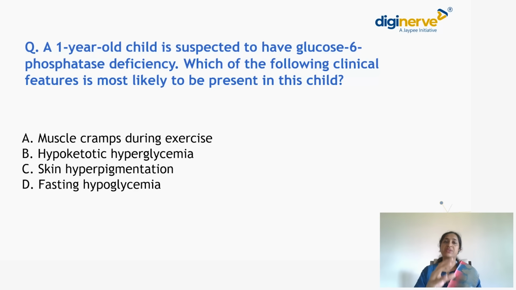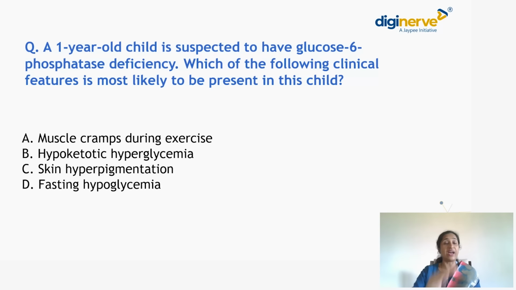So this becomes a problem where you have lots of glycogen as stores, but you are unable to utilize any of them in the form of glucose. So if you have a lot of glycogen but you cannot form glucose, what will happen? Obviously, I'm asking, what will happen when you can't have glucose? You will have hypoglycemia, because the child is unable to utilize that glycogen.